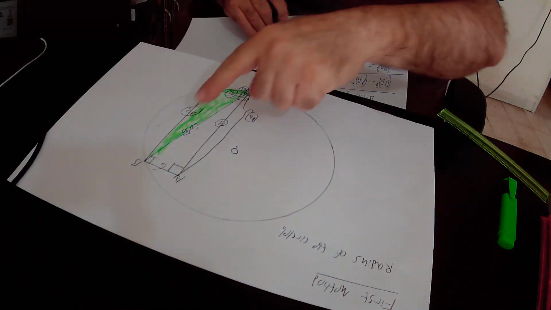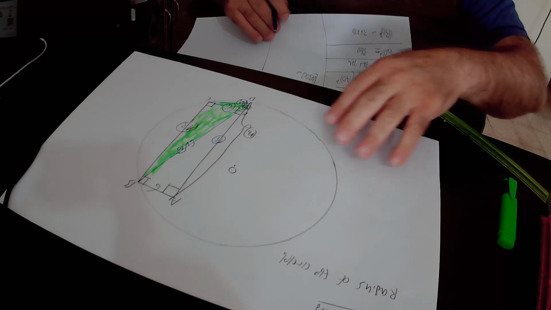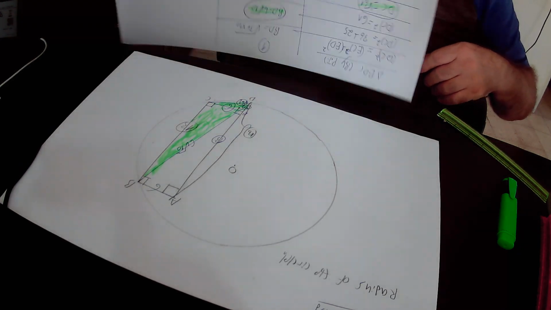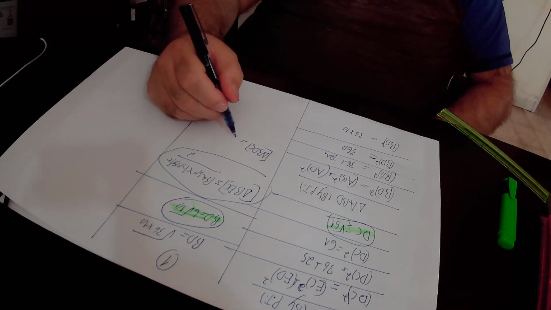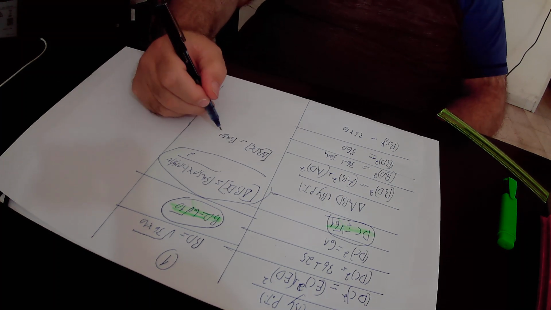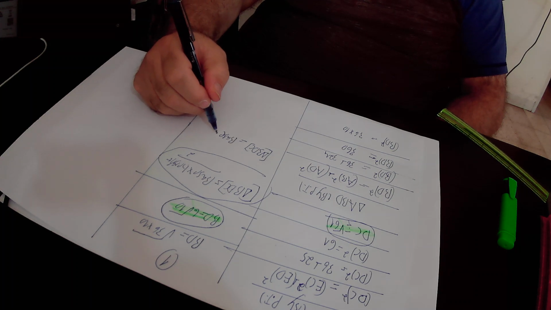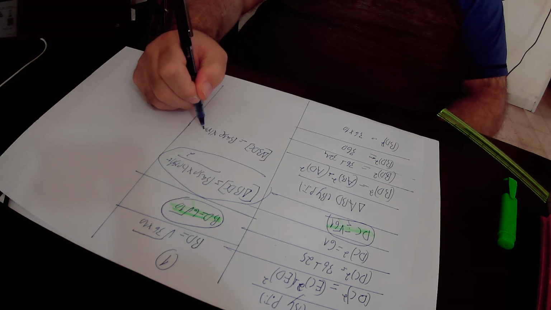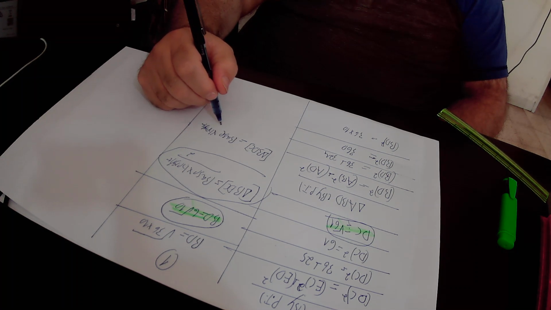So we choose the base as BC, times the height, over 2.